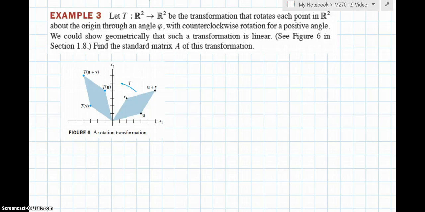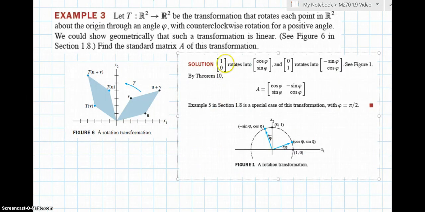They show you a figure in figure 6, which I pasted here, from section 1.8. This is the transformation, and T of U plus T of V is T of U plus V. But in this example we're going to find the standard matrix for this transformation.